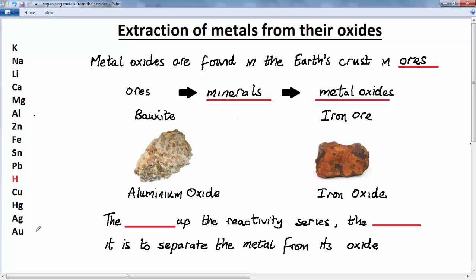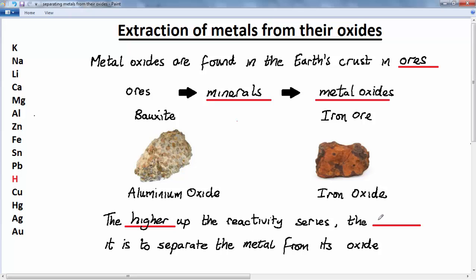Now then, as we move up the reactivity series, the bonds between the metal and the oxygen atom get stronger and stronger. So you can say that the higher up you go in the reactivity series, the harder it is to separate the metal from its oxide.